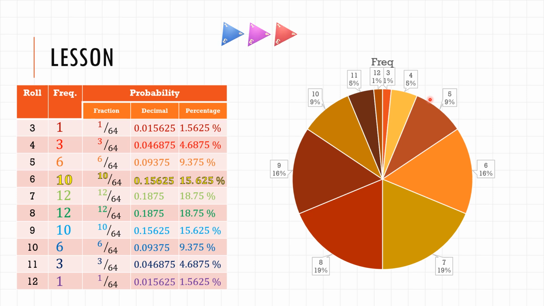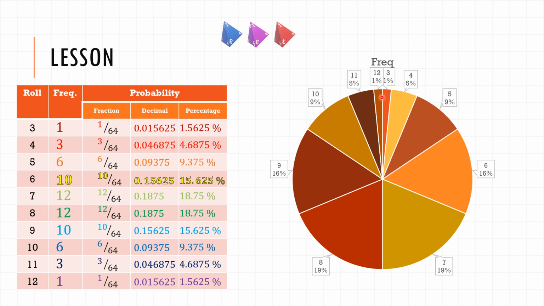So one thing that you might have noticed that's related to the column chart is the way that this pie chart is divided. It's almost, actually it is, isn't it? It's symmetrical. The slices on the left are exactly the same size as the slices on the right. It's almost like this has a mirror image cut right down the center.